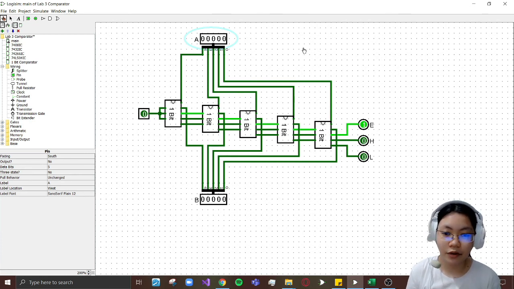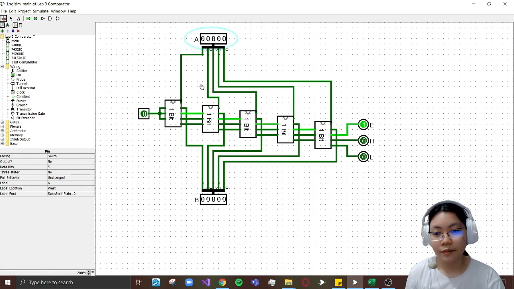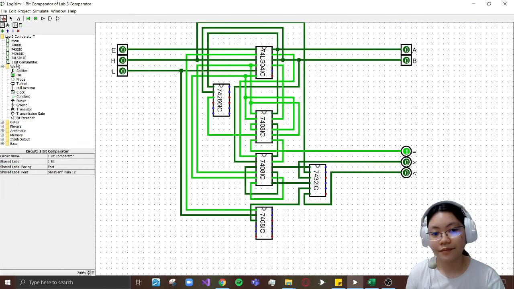As a review, we have learned that comparators are electrical components which compare two values, A and B, and produce three possible outcomes, which are the equal, the high, and the low signal.